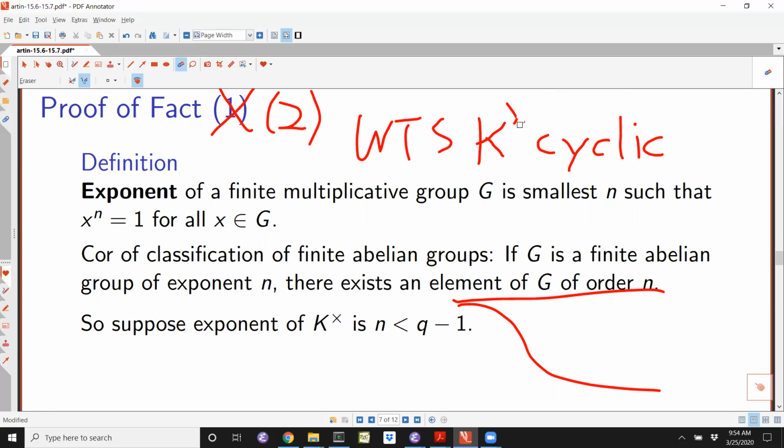First of all, the relevant definition here is the exponent of a finite multiplicative group.